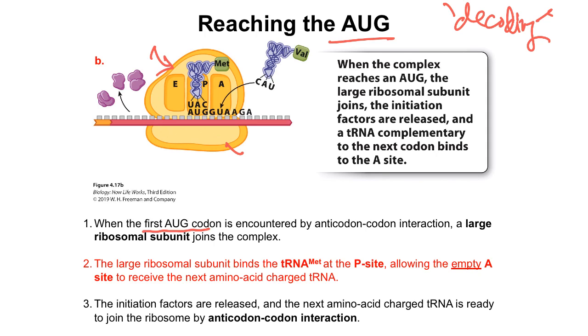So the important event here during this process of large ribosomal subunit joining is that the large ribosomal subunit binds the tRNA at the P site at a very specific position. So this initiator tRNA carrying methionine must bind at the P site.